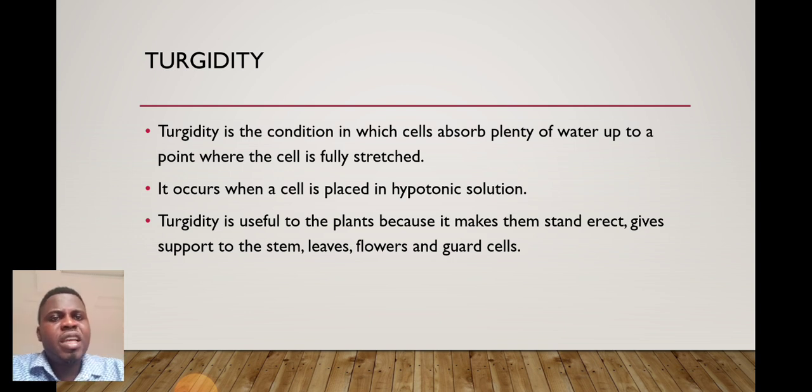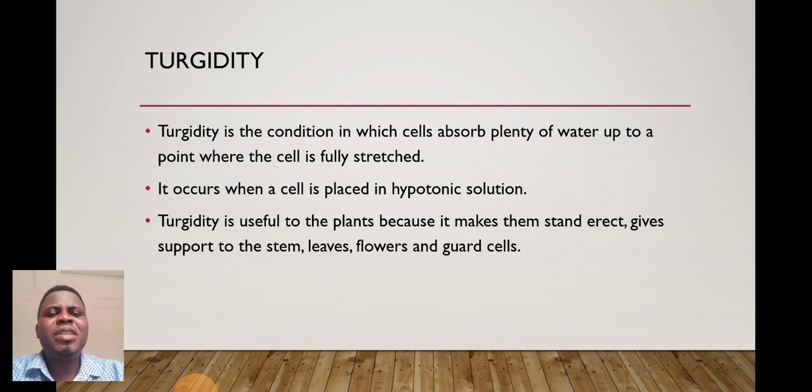Turgidity is a condition in which cells absorb plenty of water to a point where the cell is fully stretched, and this occurs when the cell is placed in a hypotonic solution. One major reason why bursting does not happen in plant cells the way it happens in animal cells is that plant cells have a cellulose cell wall, and the cellulose cell wall that plants have is very strong, so the cell will not burst.